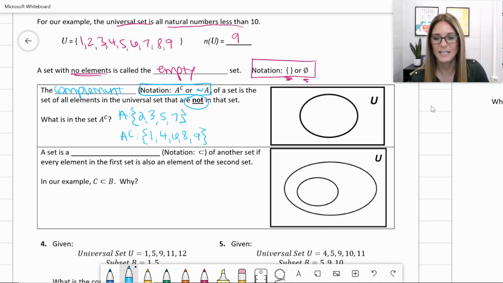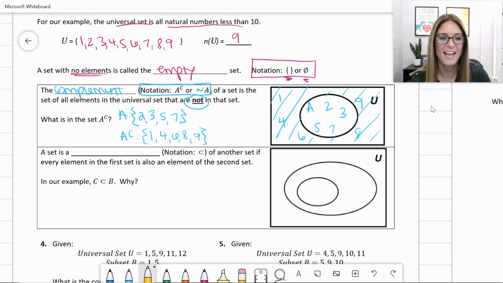So let's illustrate that here. Over to the side, we've got U representing our universal set, and we're going to title this our A set. We've got 2, 3, 5, and 7 that were in set A. Everything else, 1, 4, 6, 8, and 9 is still part of the universal set, but we were considering the complement. So everything out here, I'm going to shade. This was the complement of set A.